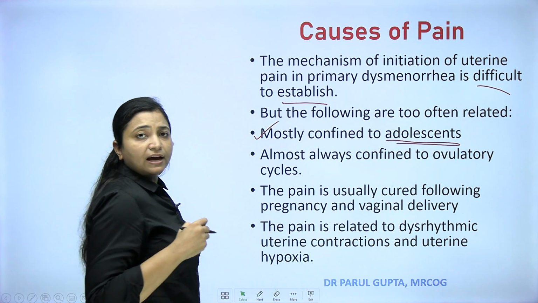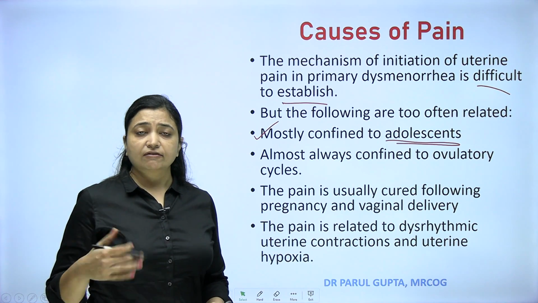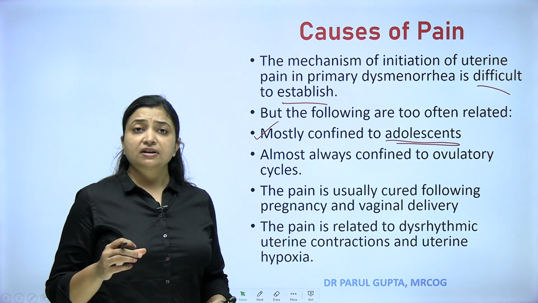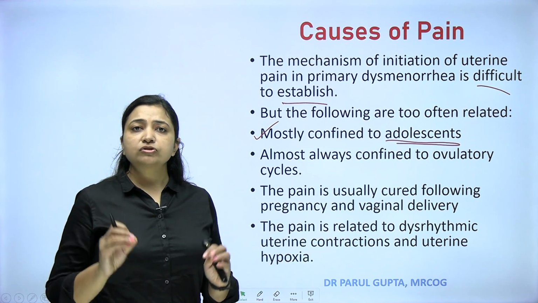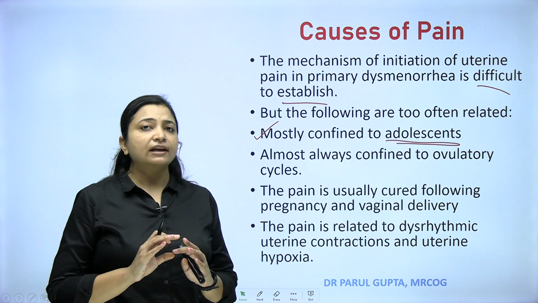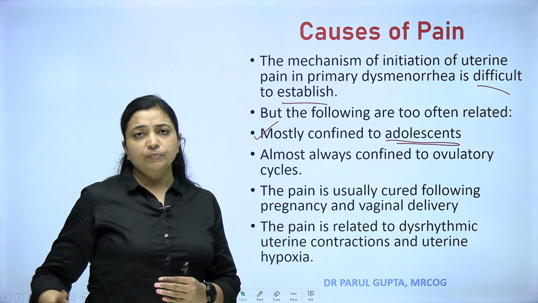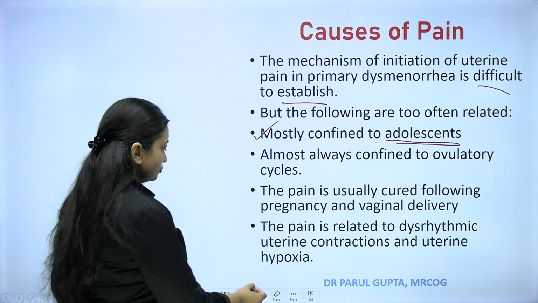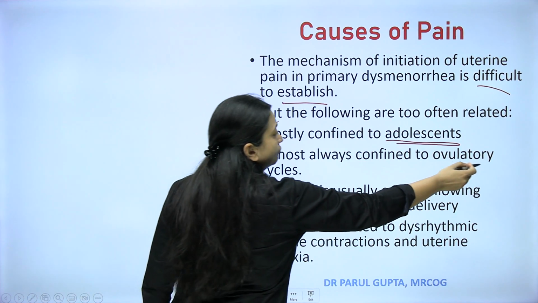Once menarche occurs and the girl starts having menses, the initial couple of years are generally anovulatory, irregular bleeding, and mostly she is not having any pain. But as regular ovulation gets established, pain also surfaces. So it is generally found in adults, almost always confined to ovulatory cycles.